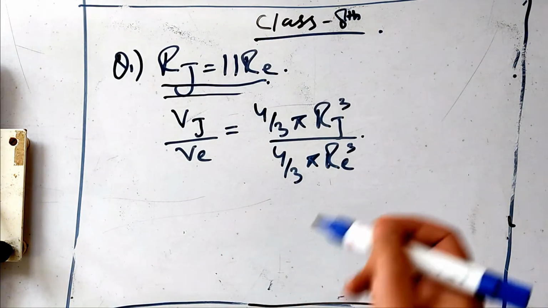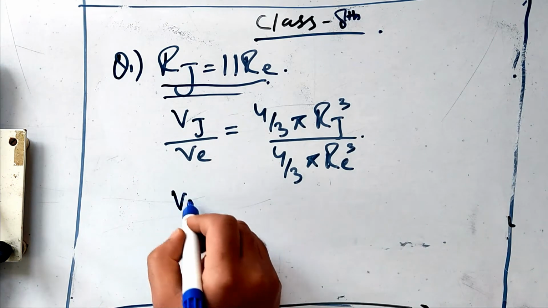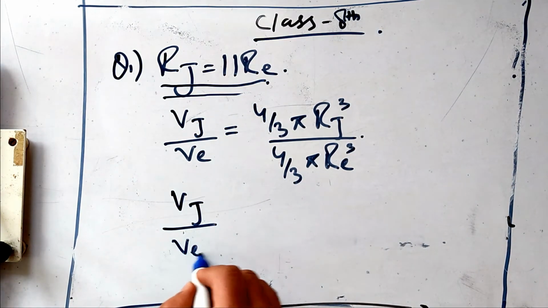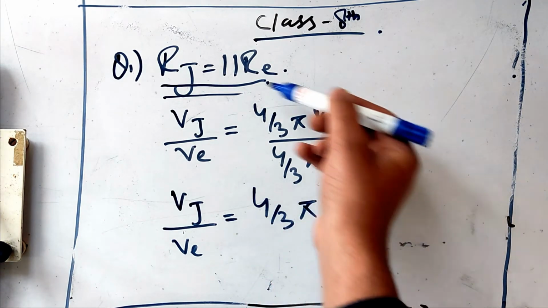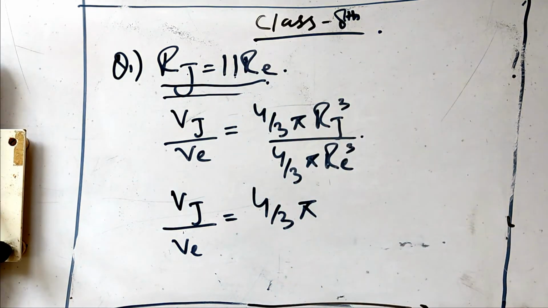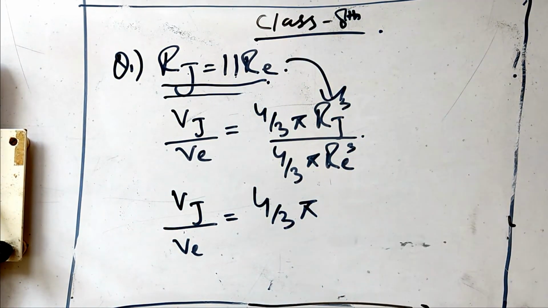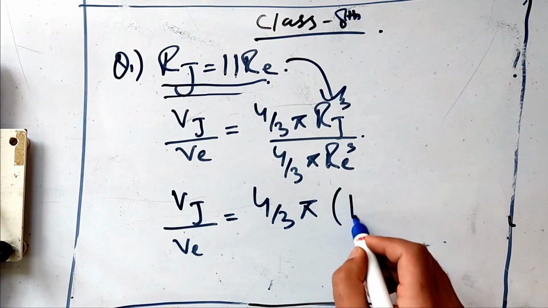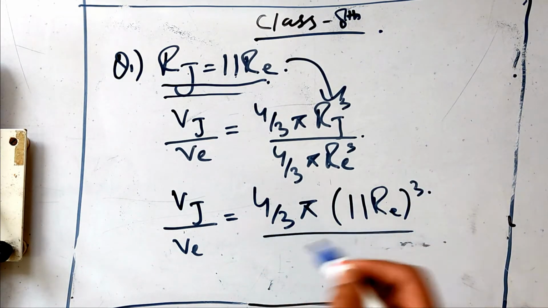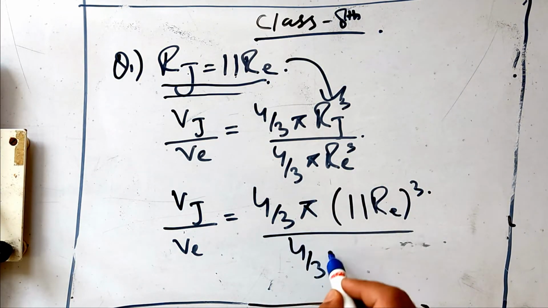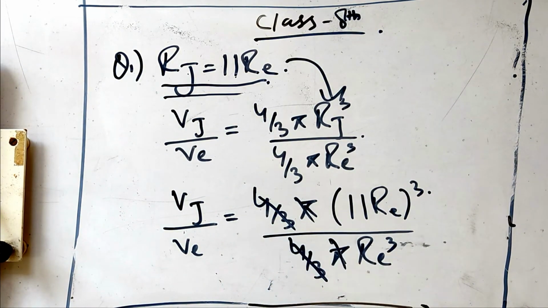Here the radius of Jupiter is equal to 11 times the radius of Earth, so in place of radius of Jupiter cube we write 11 times radius of Earth cube. The 4 by 3 pi terms will cancel out.